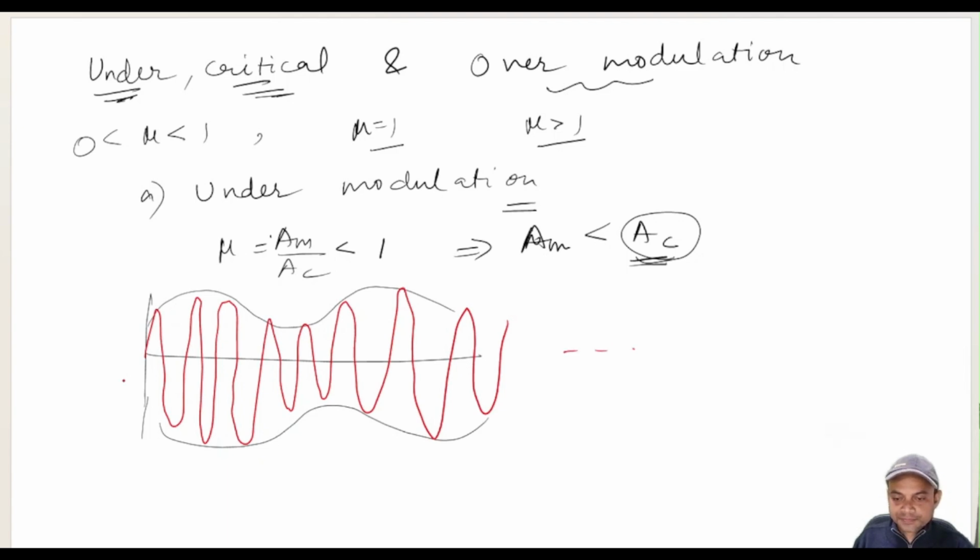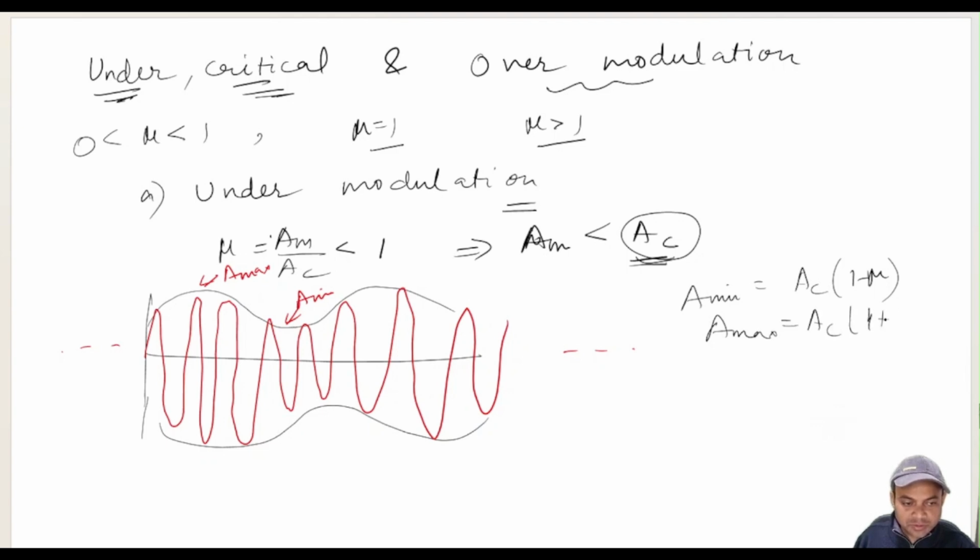It will give us A min and this is our A max. We have already calculated the values: A min is AC into 1 minus mu, and A max is AC into 1 plus mu.